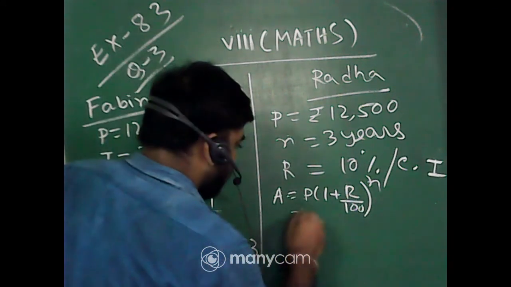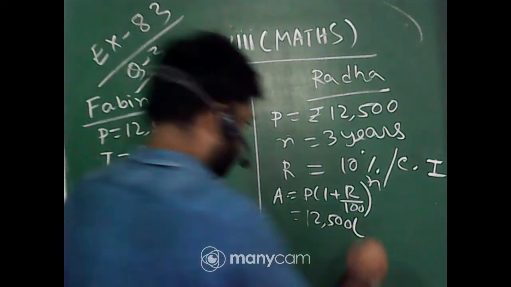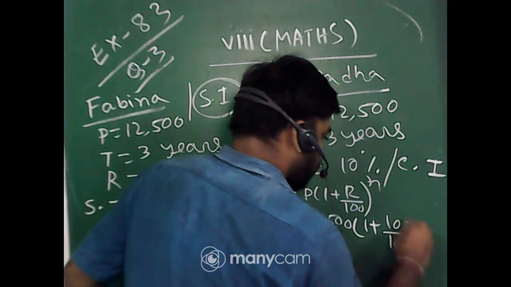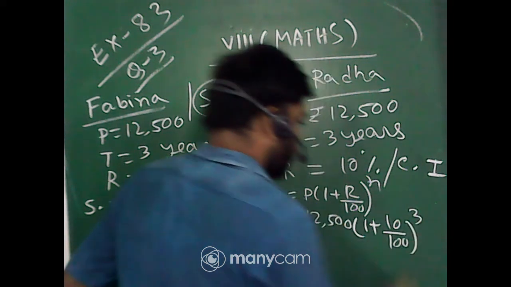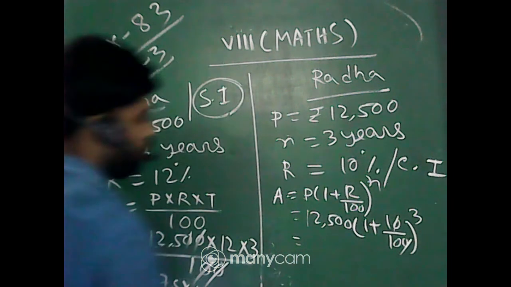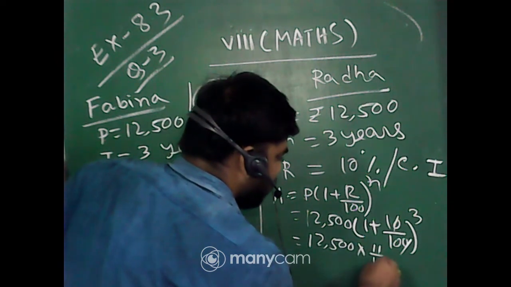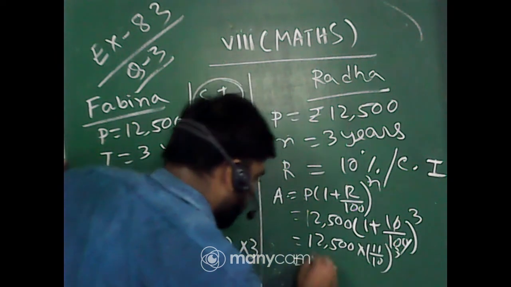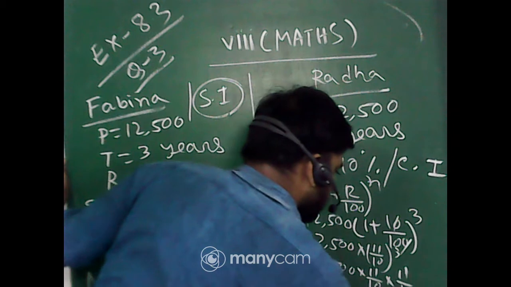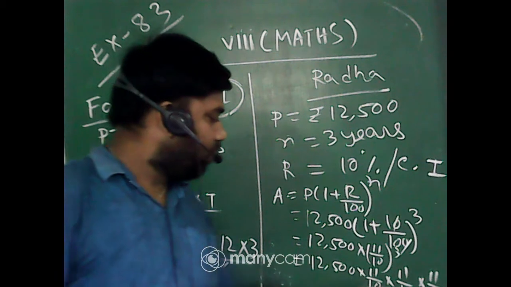Putting in the values: 12,500 into 1 plus 10 by 100, whole to the power 3, that is 12,500 into 11 by 10 whole cube. So 12,500 into 11 by 10 into 11 by 10 into 11 by 10. 11 by 10 cube means multiplying three times.